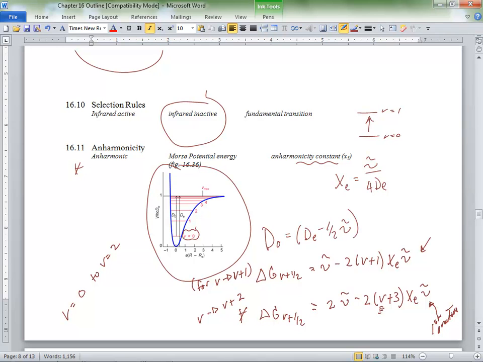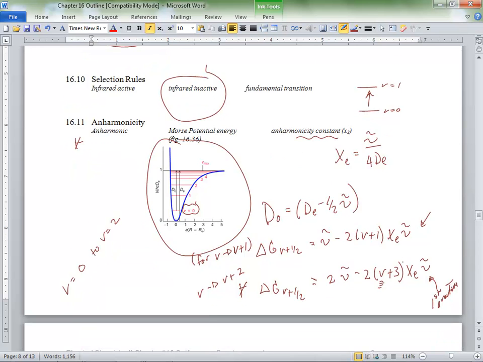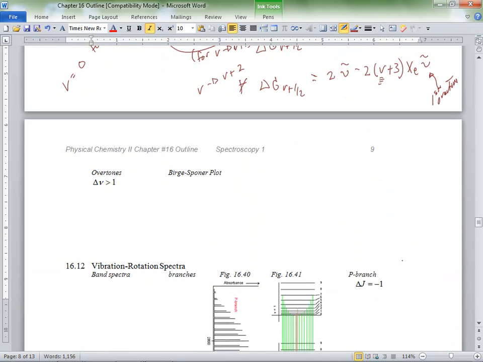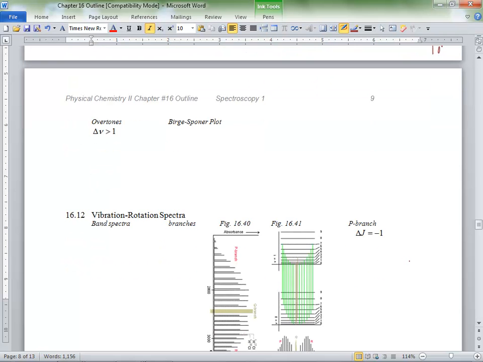Okay, now follow the notation. It'd be 0 because it's going from 0 to 2. So V to V plus 2. So you have to plug in the 0. You have to plug in the original to follow their convention. Good. Okay. Well, they mentioned overtones. Good deal. We're not going to worry about the Birge-Sponer plot there.